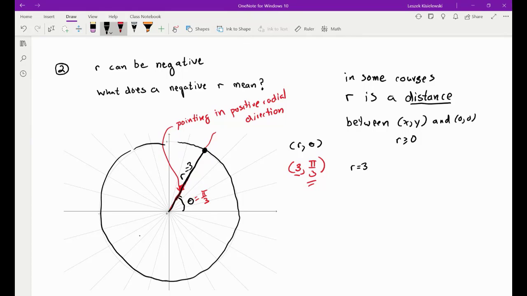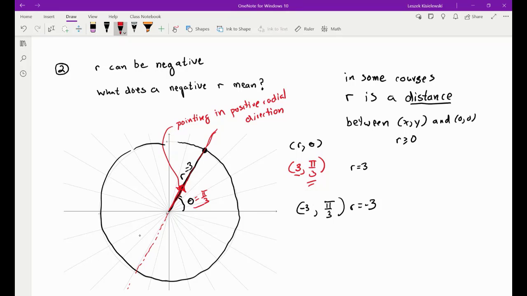Okay. So if instead the angle is pi over 3, but the radial quantity is negative, what that means is that instead of going in the positive radial direction, we want to go in the opposite, negative radial direction relative to that given angle, right?